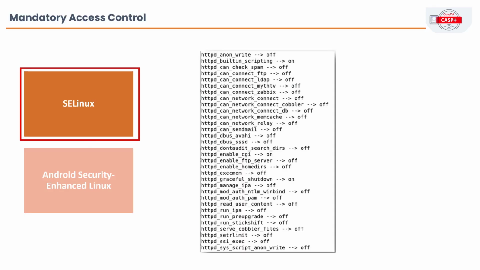Now let's talk about mandatory access control. Our first topic is SELinux. SELinux was initially created as a collection of patches for the Linux operating systems that added security modules. It was initially created by the NSA, or the National Security Agency of the United States, but it is now open source. The majority of Linux distributions include it.